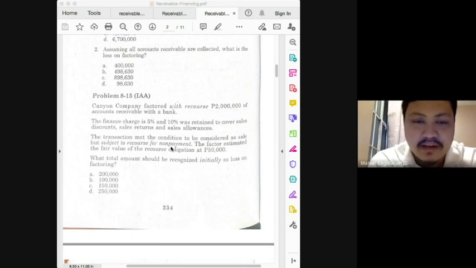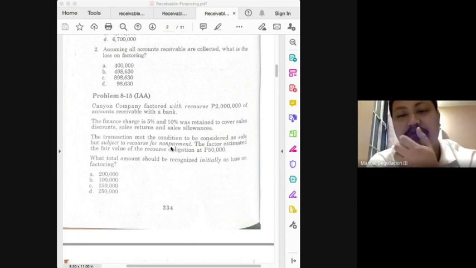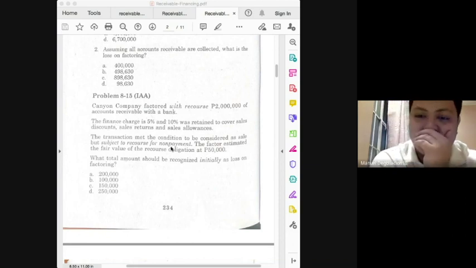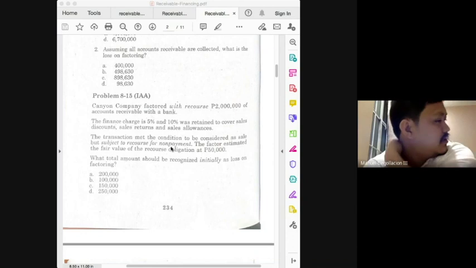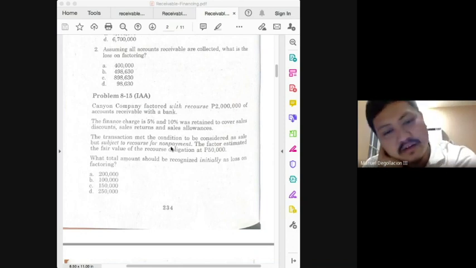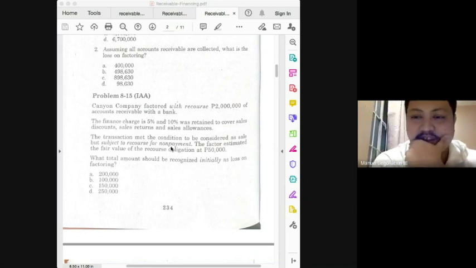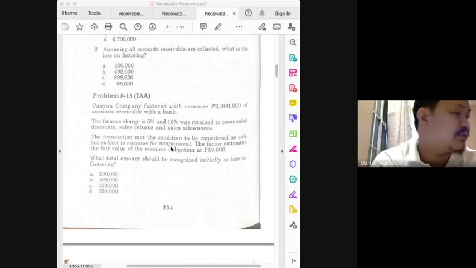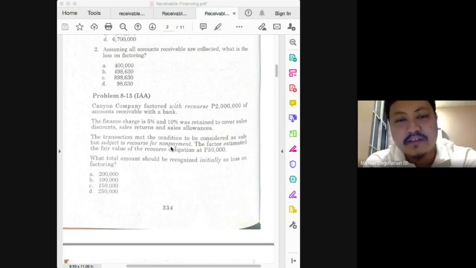So total deduction would be 300,000. So the amount we will be initially receiving would be 1,700,000. The recourse liability will not affect our cash proceeds. Okay, please remember the recourse liability will not have an effect on our cash proceeds on the date of the transaction.